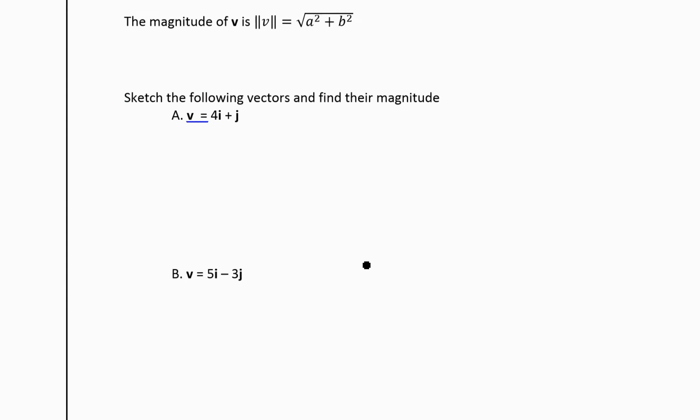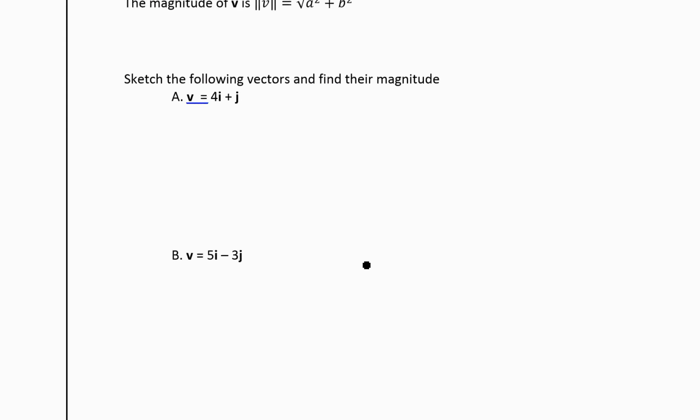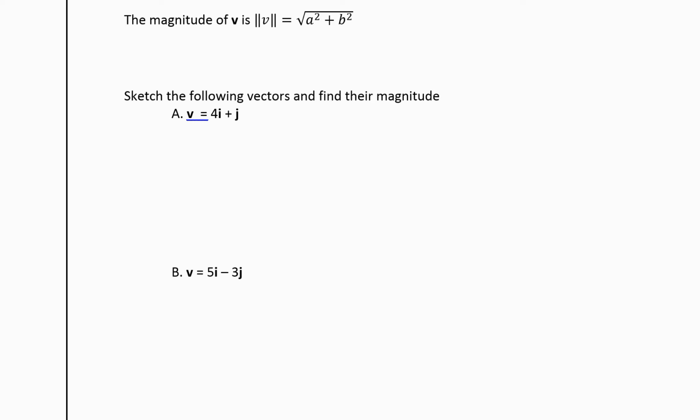So this says, sketch the following vectors and find their magnitude. So 4i plus j, we're going to go over 4 and up 1, and that would be this vector.